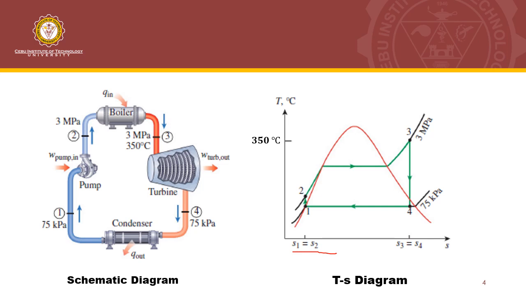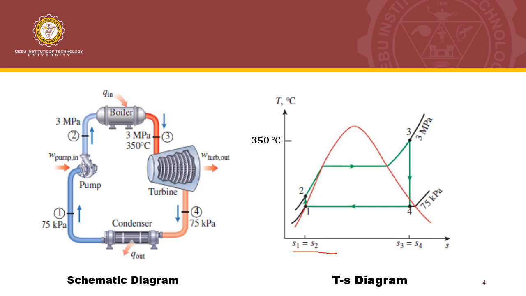So basically, that is how the simple ideal Rankine cycle looks, both in the schematic diagram and in the TS diagram. Again, some important things that you have to remember. Process 1 to 2 is an isentropic process. That means entropy is the same. Same also with process 3 to 4. That is an isentropic process.